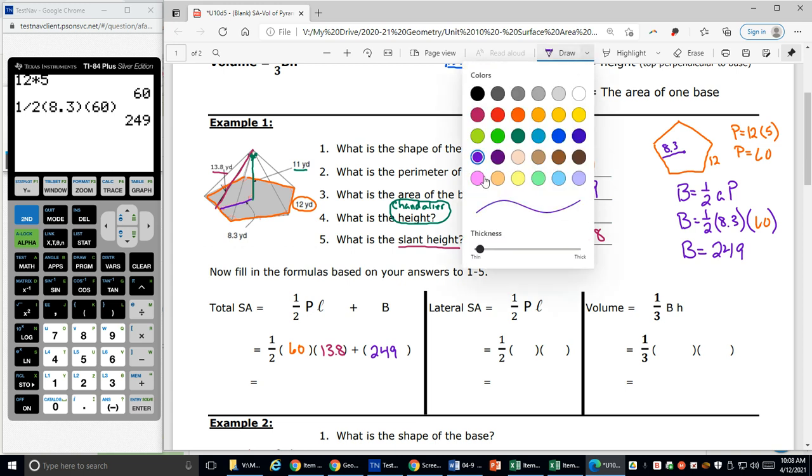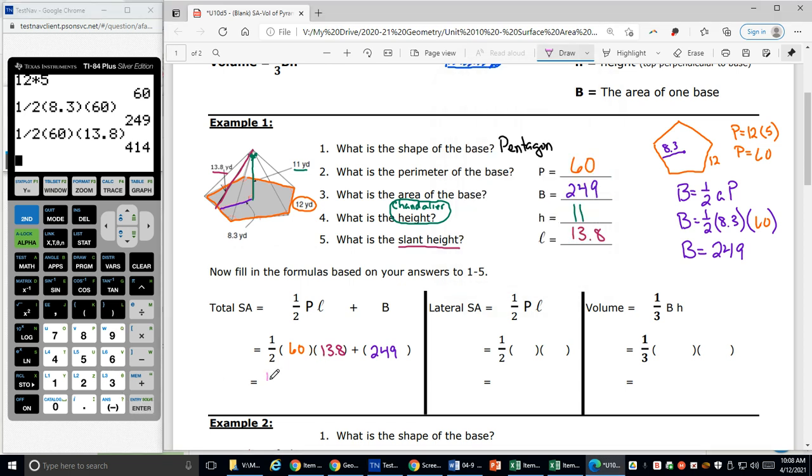So now to find my total surface area, I'm just going to do this all together. So 1/2 times 60 times 13.8. That first little bit is 414, plus that 249. So my total surface area is 663. And I know it's area, so these are yards squared.